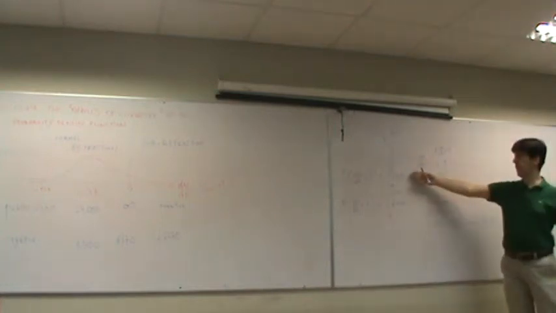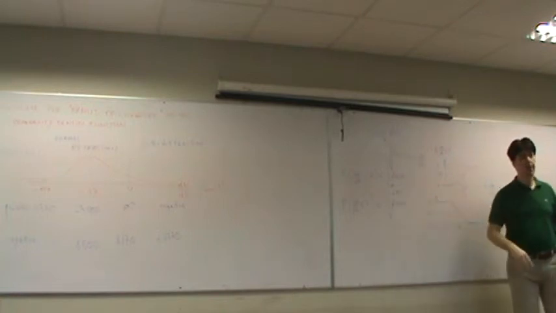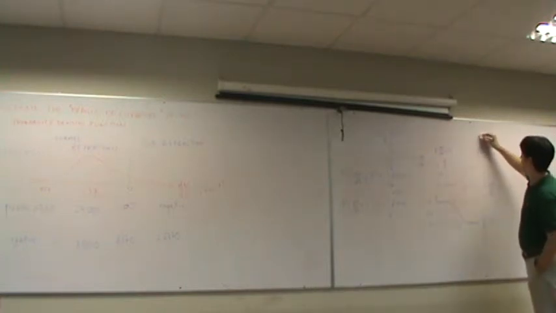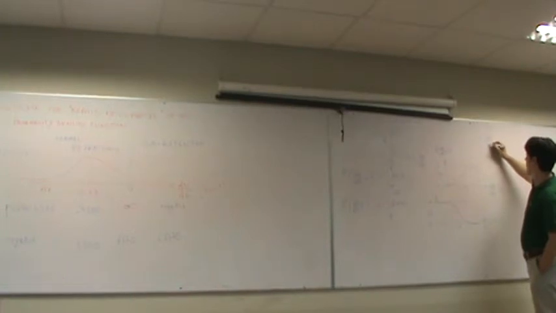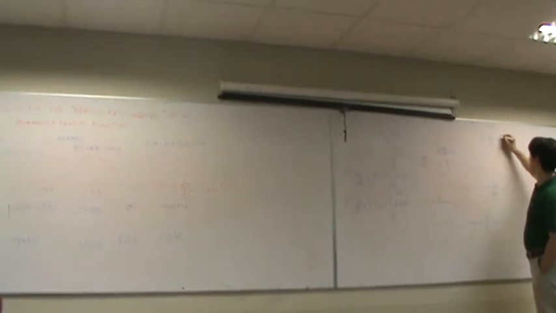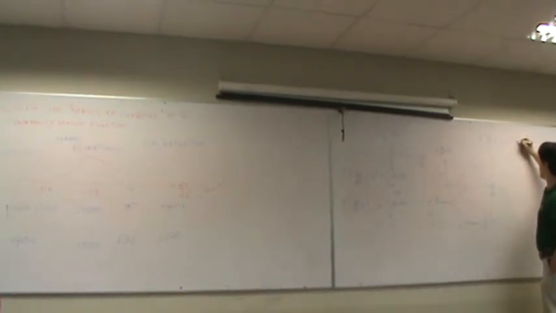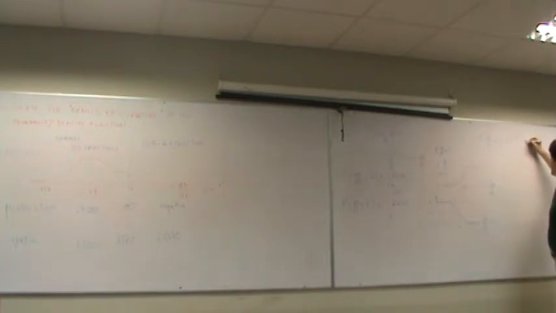So one is the non-exceedance probability, and this is the exceedance probability. And one is one minus the other, just for your convenience.